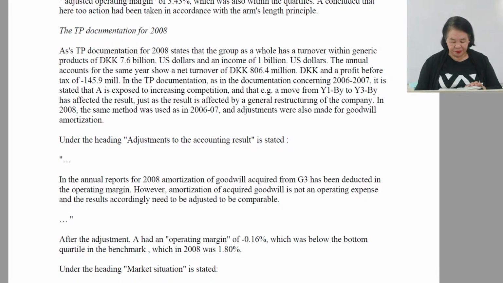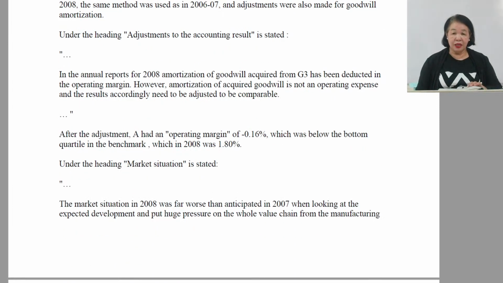Okay. Under the heading adjustment to the accounting result stated, ito naman yung sinasabi sa adjustment to the accounting result. Ito yung mga disclosures or explanation, no? Kaya very important yung mga disclosures natin. In the annual reports for 2008, amortization of goodwill acquired from G3 has been deducted in the operating margin. However, amortization of acquired goodwill is not an operating expense, and the results accordingly need to be adjusted to be comparable.